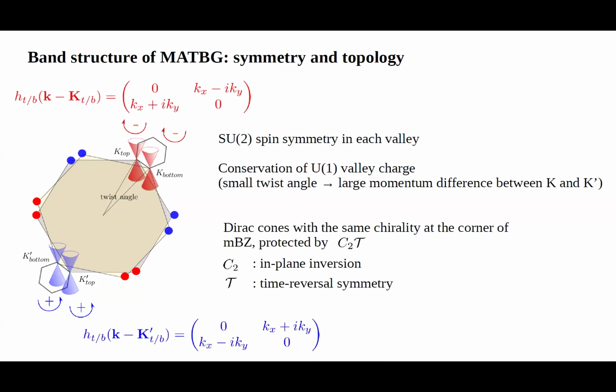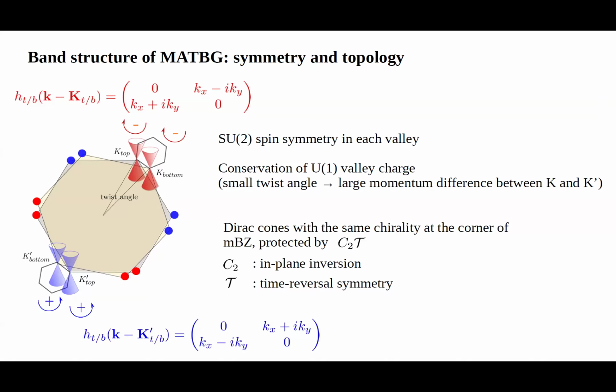Now, something very important to notice at this stage regarding topology is that if I'm looking at one valley, we have Dirac cones, and they are preserved by the same symmetry that protects them in graphene, meaning the product C2T.